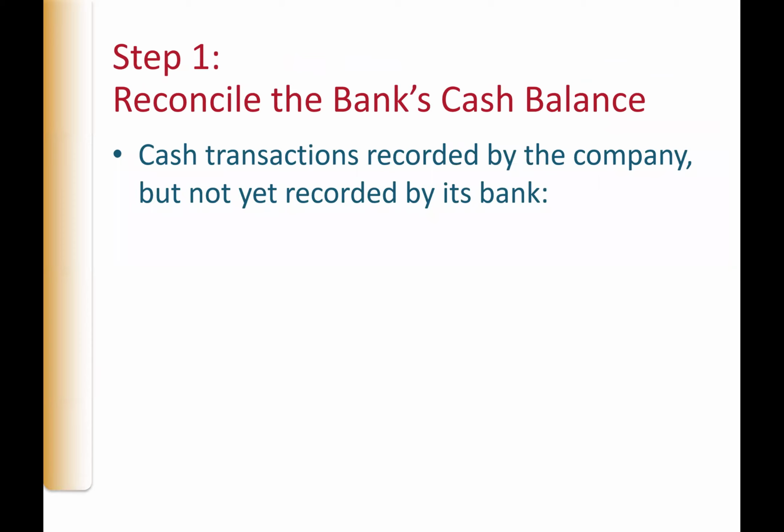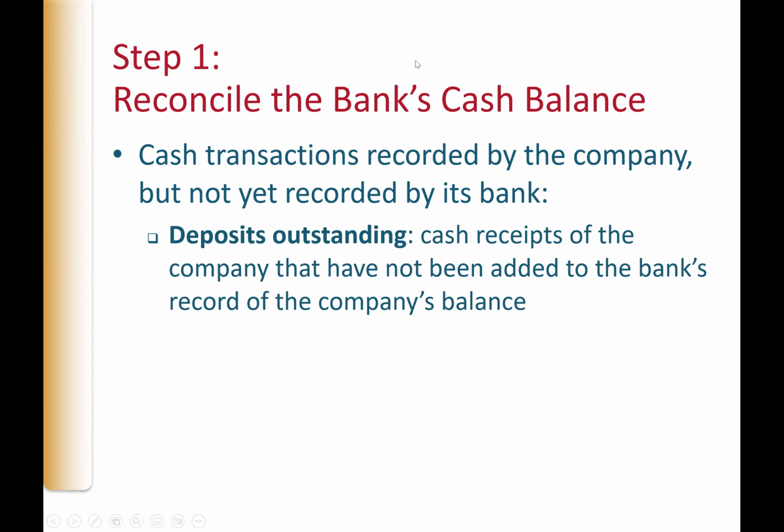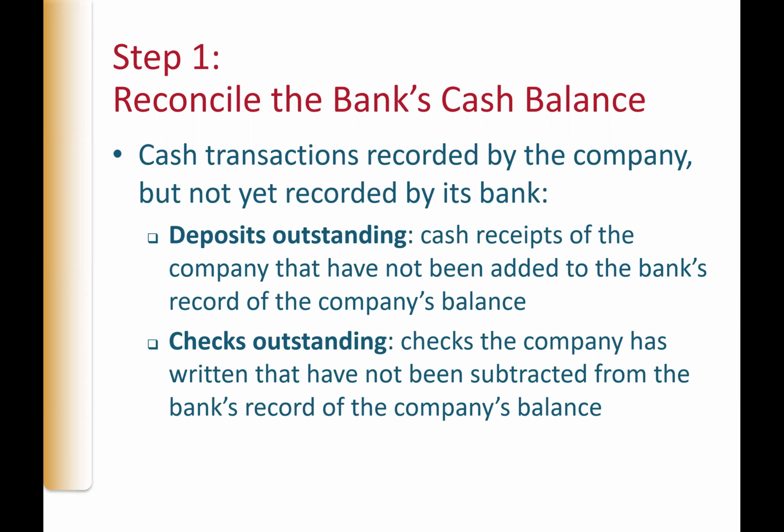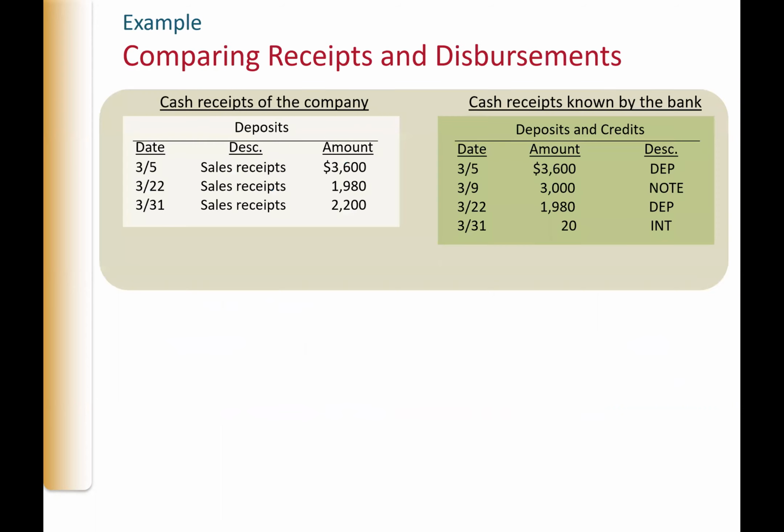So cash transactions that have been recorded by the company, but not yet recorded by the bank, we need to reconcile. So things such as deposits outstanding. So the company's recorded it, but it has not hit the bank yet. And checks outstanding. Checks the company's recorded, but have not cleared the bank yet, need to be reconciled.